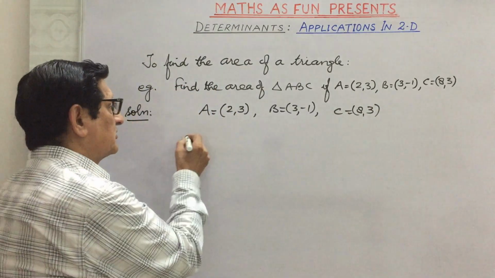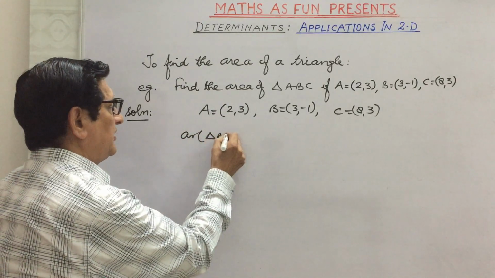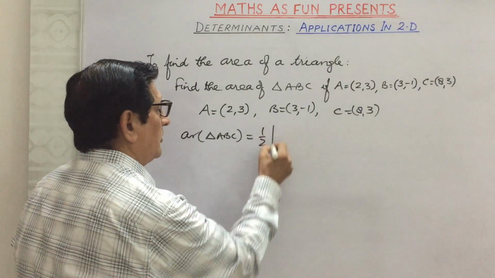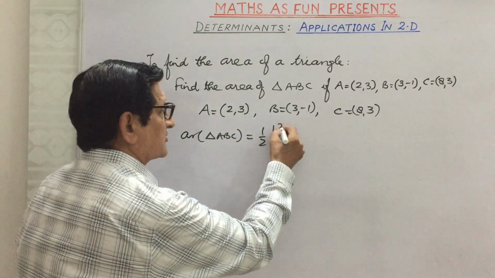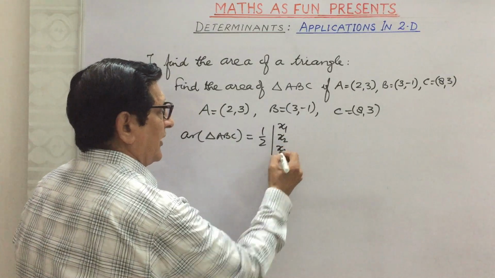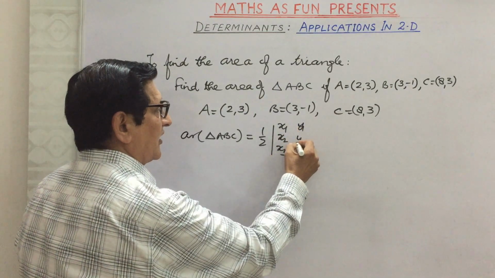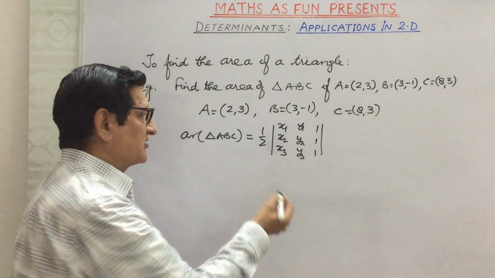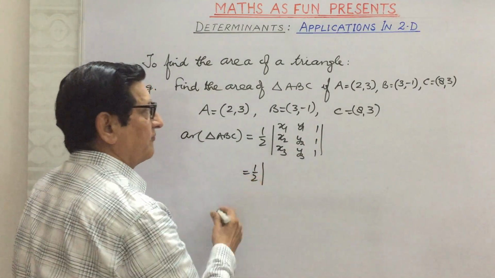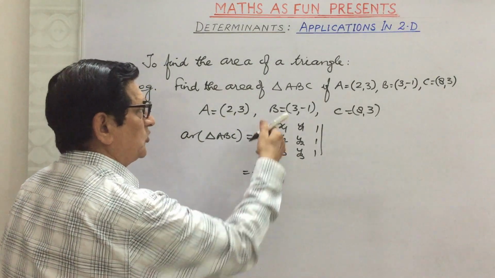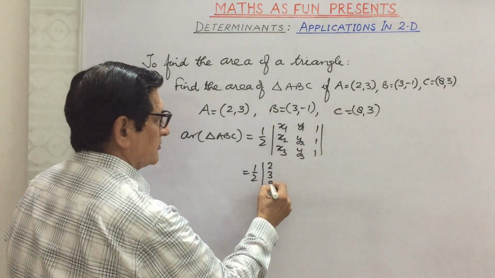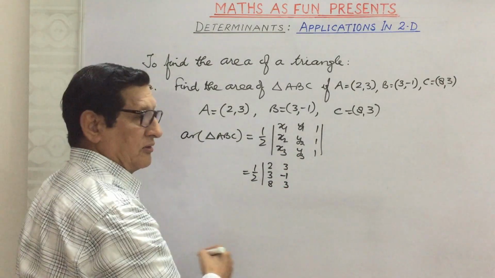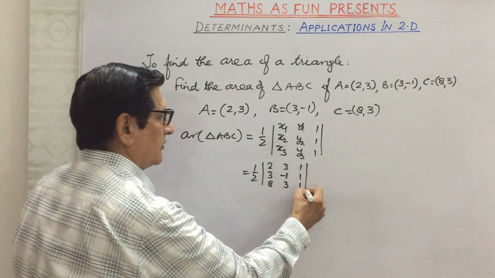So we have been given the vertices of the triangle, and hence we can find the area of triangle ABC by using the determinant, that is half into the x coordinates x1, x2, x3, y coordinates y1, y2, y3, 1, 1, 1. We substitute the values: half, all x coordinates 2, 3, 8, all y coordinates 3, minus 1, 3, and 1, 1, 1.